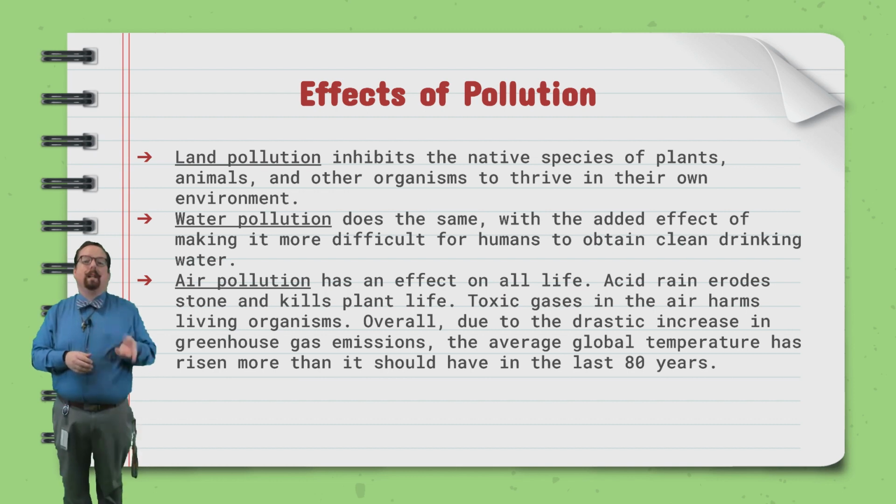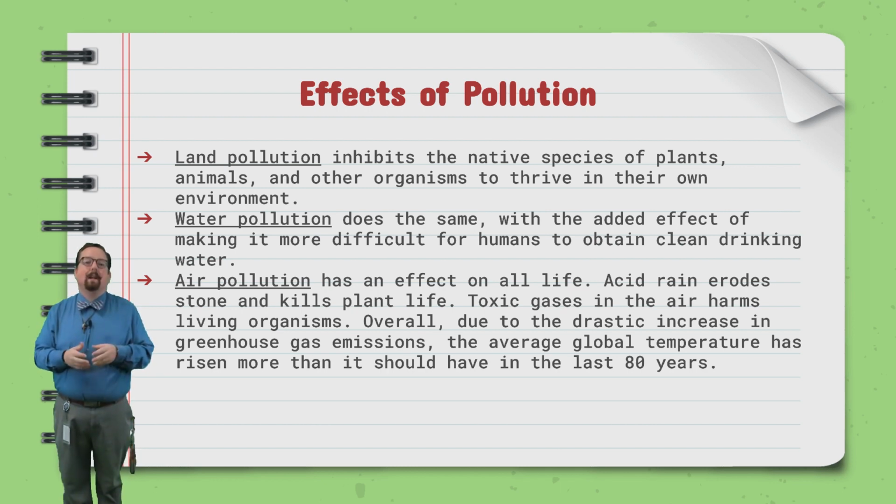There are several negative effects to pollution, but here's a quick summary. Land pollution makes it hard for the native species of plants, animals, and other organisms to survive in their own environment. Water pollution does the same, but we mostly notice how much more difficult it is for humans to obtain clean drinking water. Air pollution is by far one of the most wide-reaching types of pollution. Acid rain can erode stone and kill plant life.